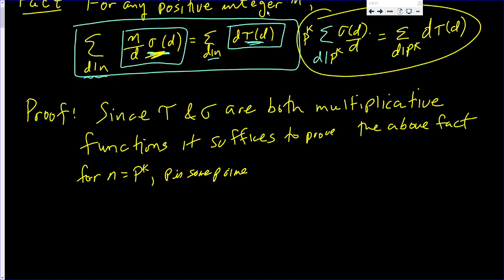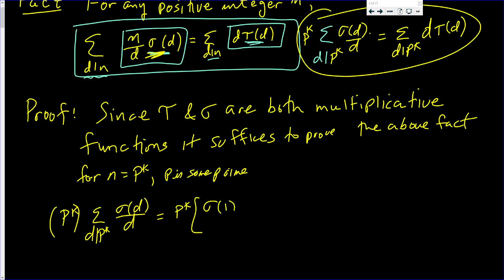Okay, so p to the k times the summation of sigma of d over d, over all divisors of p to the k. Well, this p to the k factors out in front. Then we have the sum of sigma of the divisors of p to the k over those divisors.